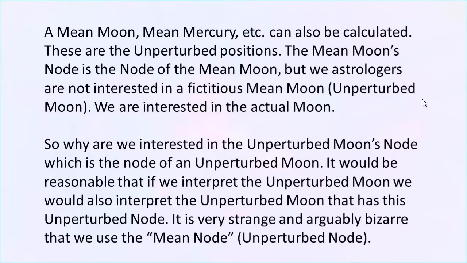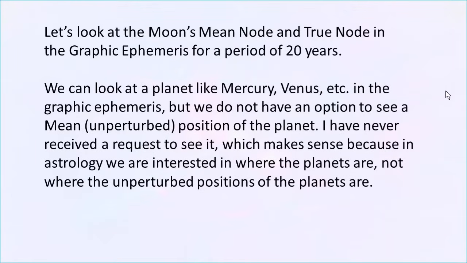Anyway, in astrology, we never use unperturbed positions. All I'm saying is that. We never use unperturbed positions, except for some reason with the moon's node. It seems to me like an odd exception to the rule. The only case where we're using an unperturbed position.